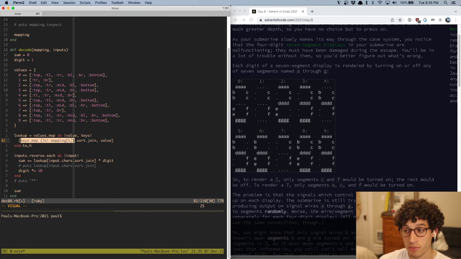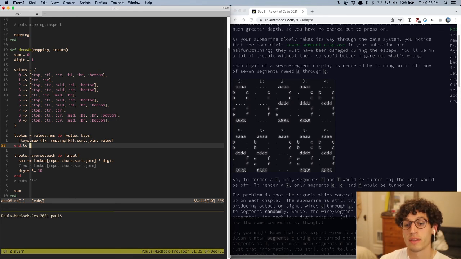So that gives me an array of characters. Then I sort them, so it's deterministic, and then I join them together. And that gives the string that represents that number. And then I return a 2-element array of the key and the value, and then I call toH on that. So that gives me the mapping from which string corresponds to which number.